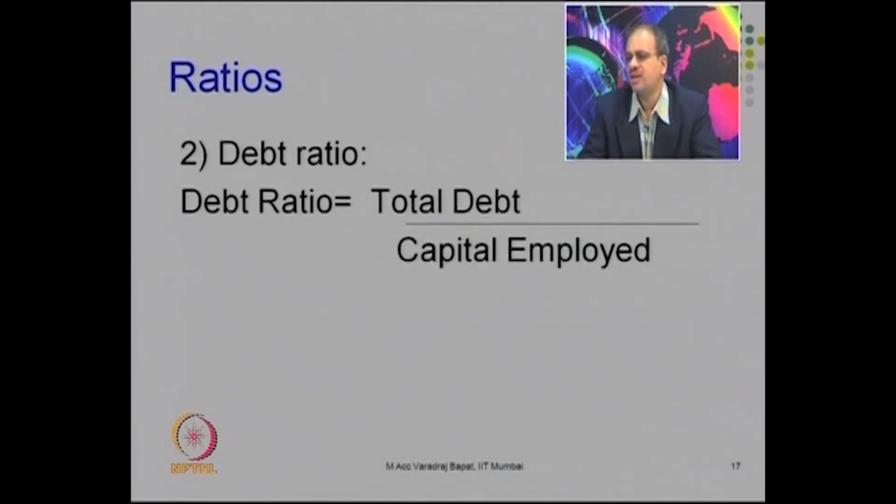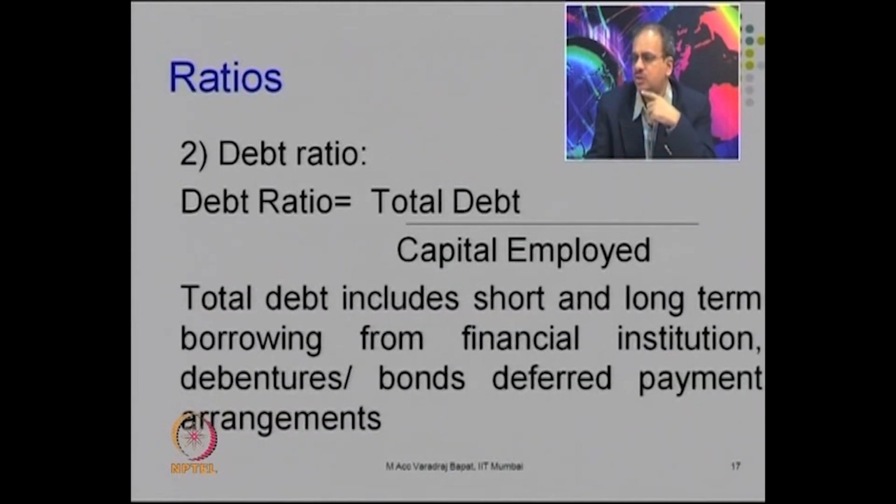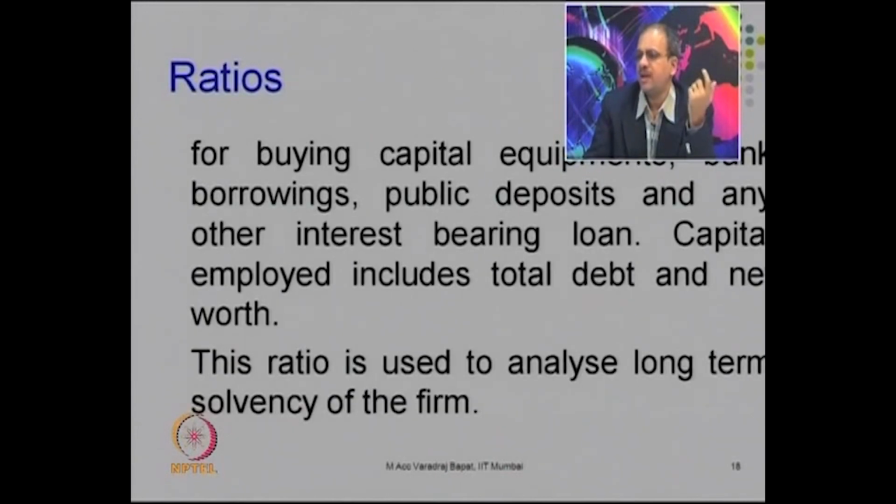There is also another ratio which is known as debt ratio, where we compare the total debt with the capital employed. In here we take the total debt, both short term and long term. It also includes debt in the form of debentures, bonds and so on, and it is compared with the capital employed.